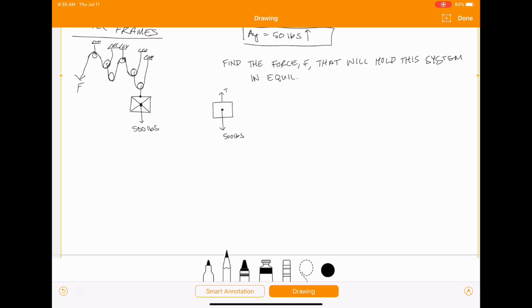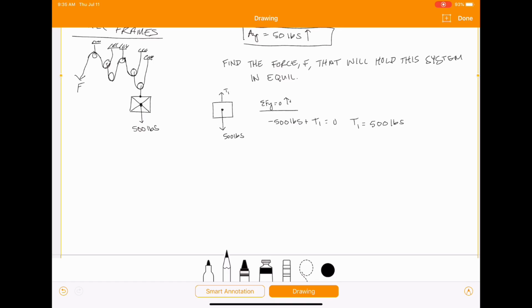And we'll call that tension 1. So now that we have that, we can do our sum of forces Y, which we have a negative 500 pounds plus T1 equals 0. You can solve for T1 and know that it equals 500 pounds. And now you just work yourself through the system.